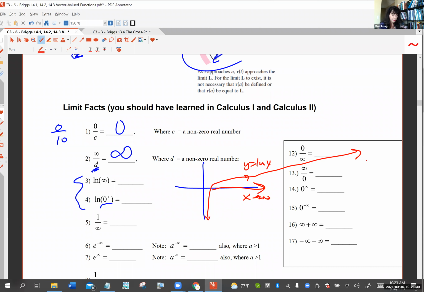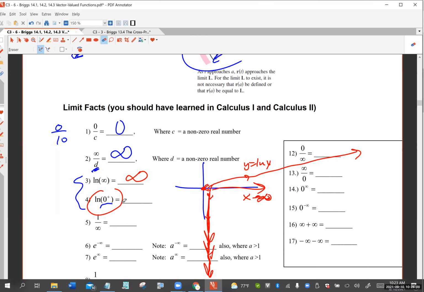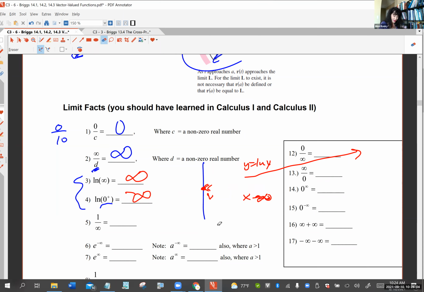It's approaching what? Infinity. So ln of infinity is infinity. Now, what about ln of 0? So as x gets really close to 0 from the right, what is the graph doing? Negative infinity? Yes. Good. So those are some logarithm limit facts for you.